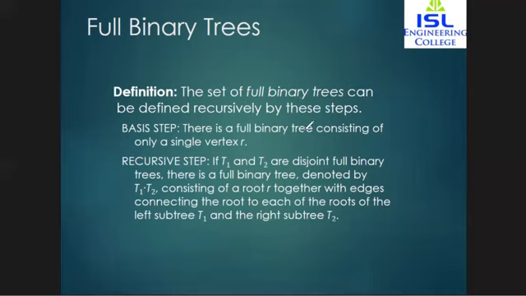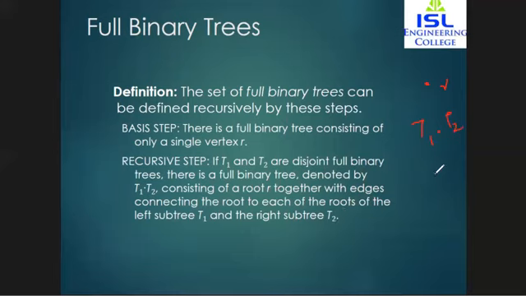There is a full binary tree consisting of only a single vertex R. So first we start again with only one root, which is R. And if T1 and T2 are disjoint full binary trees, then there is a full binary tree denoted by T1 dot T2, consisting of a root R together with edges connecting the root to each of the roots of the left subtree and right subtree.